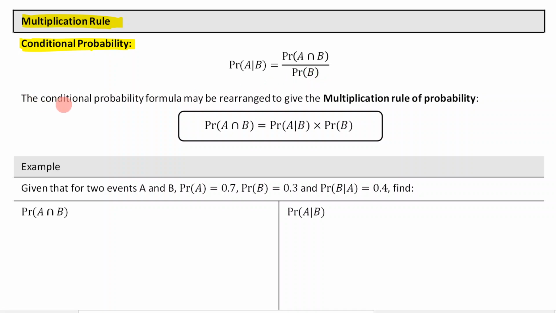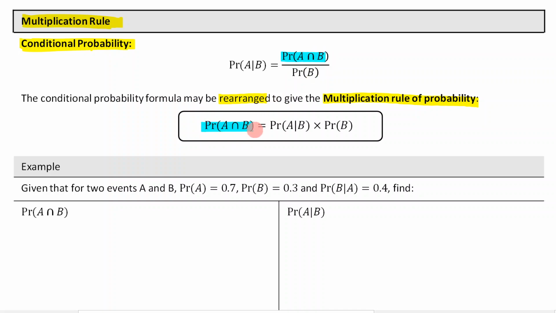Now, the conditional probability formula may be rearranged to give the multiplication rule of probability, which tells us the probability of A intersection of B is equal to the probability of A given B times the probability of B. So what you can see that we've done here is we have rearranged our conditional probability formula so that the probability of A intersection of B is now the subject.